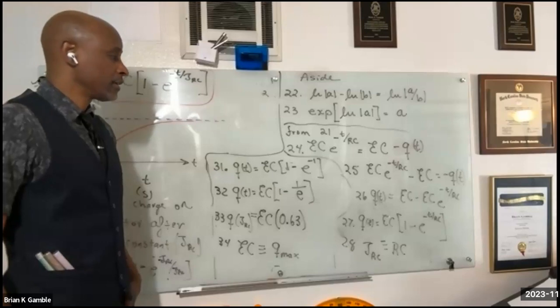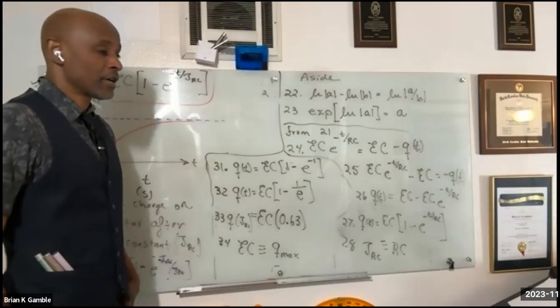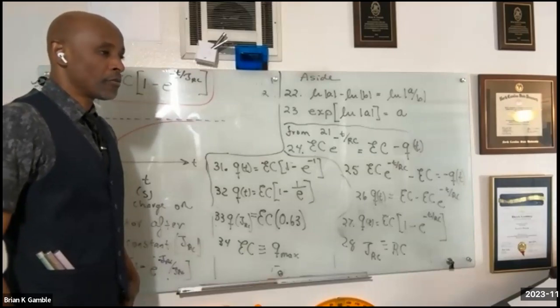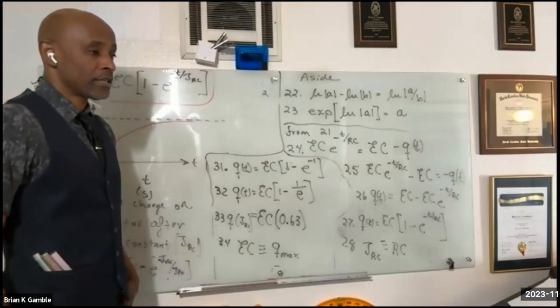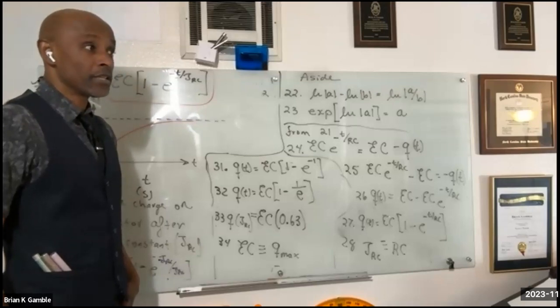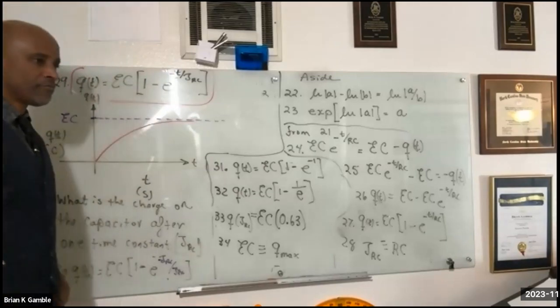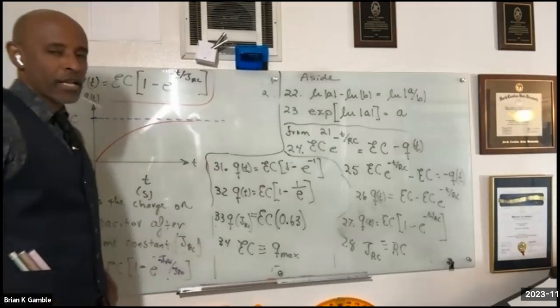So if I had a 1 farad capacitor and a milliohm resistor, then my time constant, I think, will be 1 millisecond. So that's kind of a reasonable time that you would get.